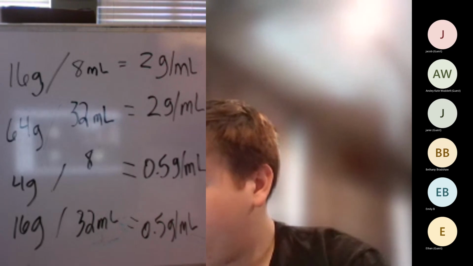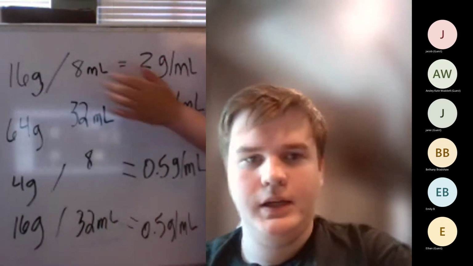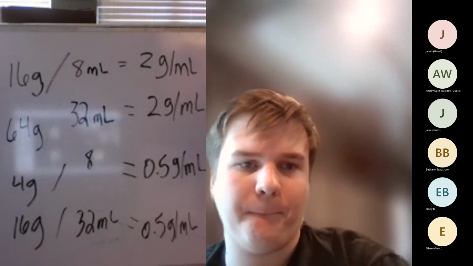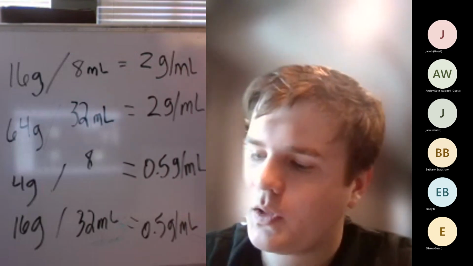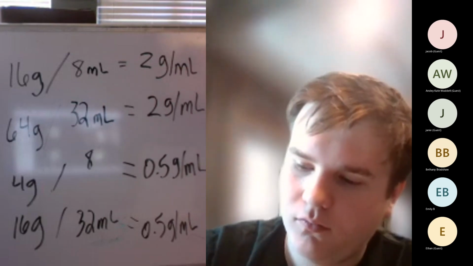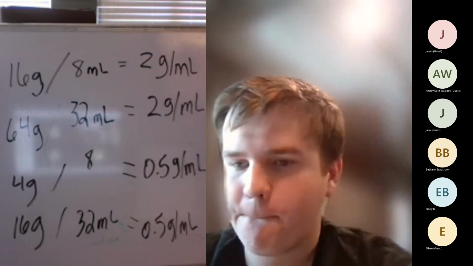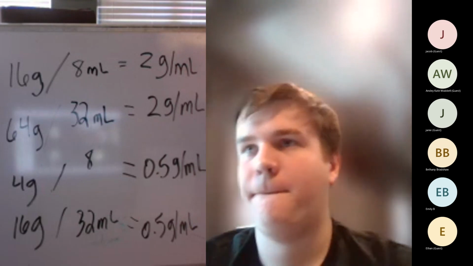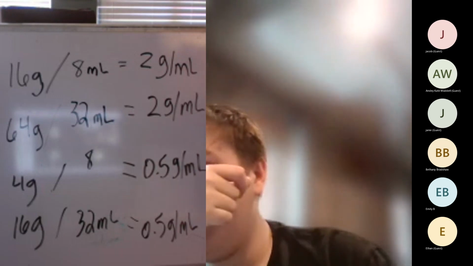But I want to make sure before I show you an example of that, we don't have any questions about how we calculate a density. If I give you a mass and I give you a volume, or if I give you the tools to measure mass and measure volume, can you calculate a density? Now's your time to ask questions if you're still unsure about mathematically how to do that. We good? Give me a thumbs up if we're good.